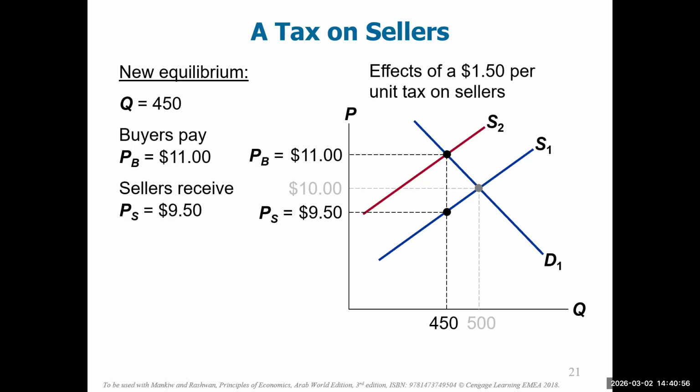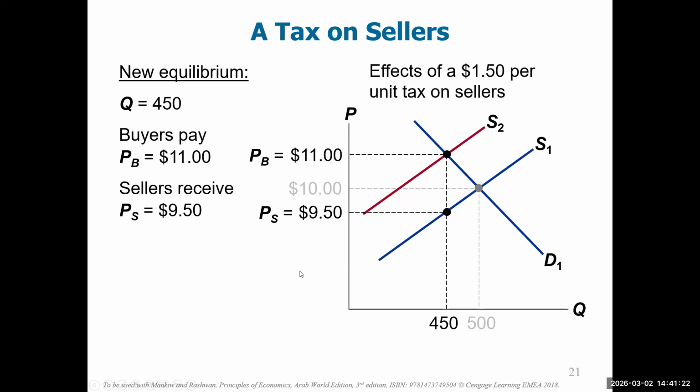Wait, doctor, I'm so sorry, but what's the answer for the question you gave me? So, the question I gave you is, just by looking at this graph, forget about all of this. A 1-mark question will be, tell me how much the government is collecting from this tax. Forget about the $1.50.